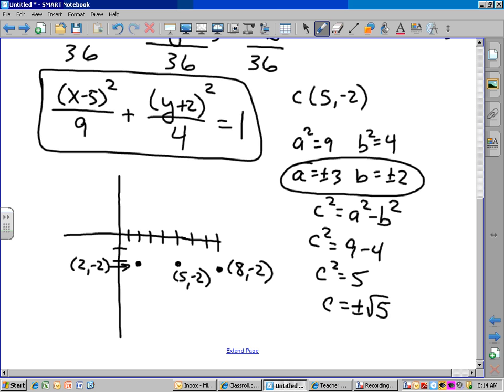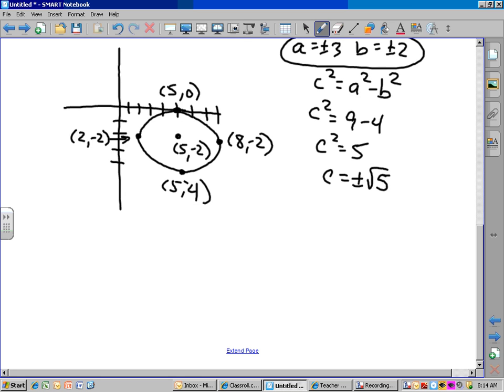We're going to add and subtract 2 to the y. So we end up with 5, 0, and 5, 4. So what's that? Negative. I'm sorry, yes, negative.